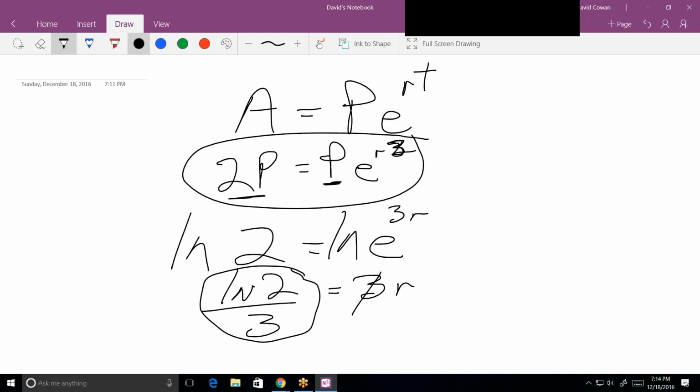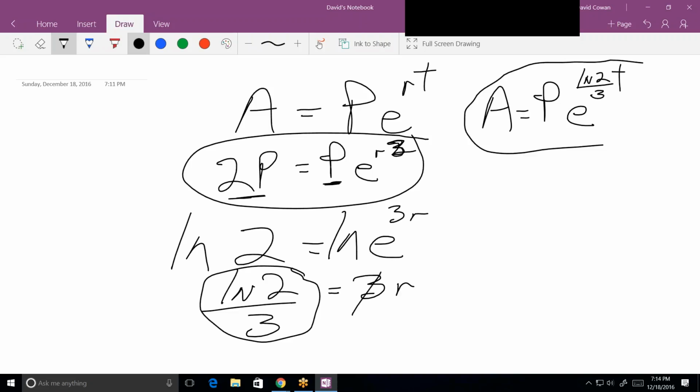Not the same equation for bacteria or rabbit populations, but for this amoeba, we know what r is. e to the natural log of 2 divided by 3 times t. That is what would be called the specific equation for this amoeba.